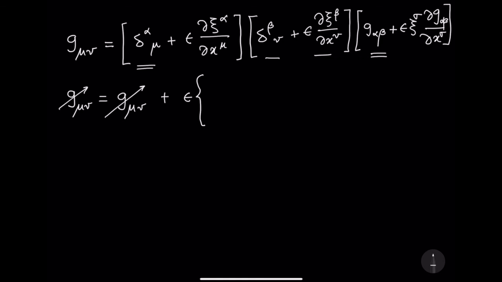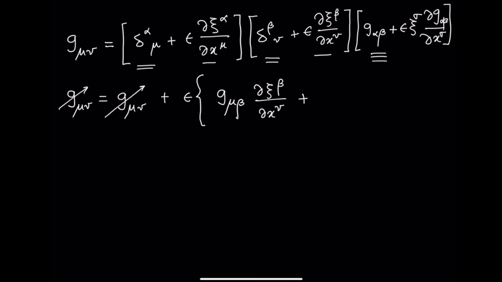Now this delta alpha mu times g alpha beta makes it g mu beta, and I have del xi beta del x nu here plus this, this, and the g again.